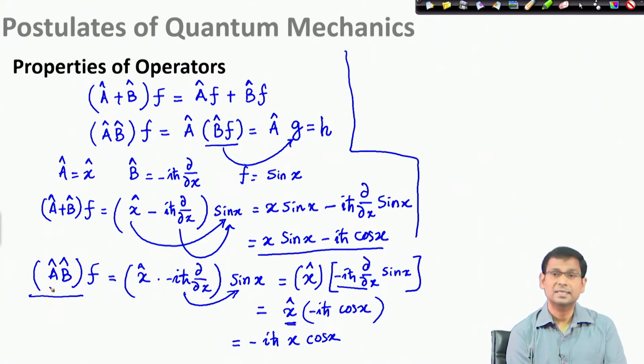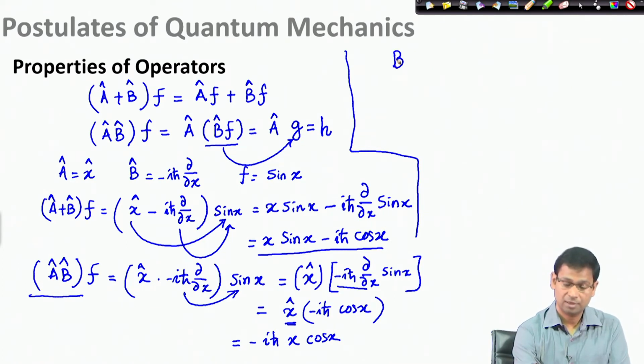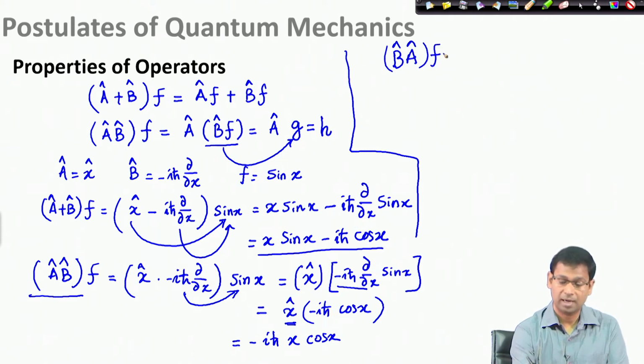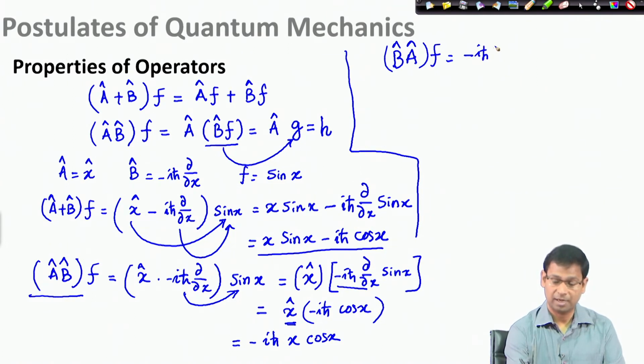Instead of doing this product as A B, if I do the B A product and apply it on a function f, what would I get? B is my momentum operator, A is my position operator. When I do that, I first write down minus i h bar d by dx.